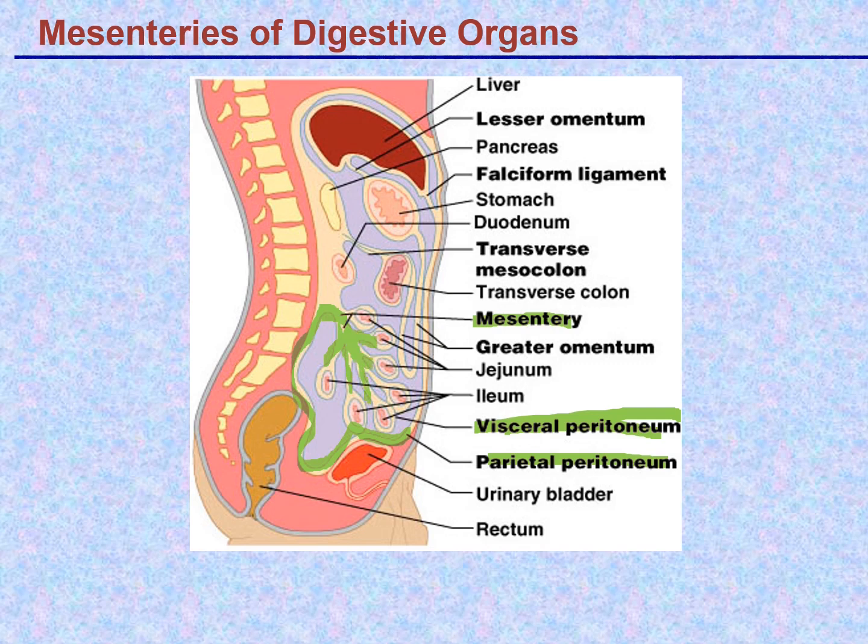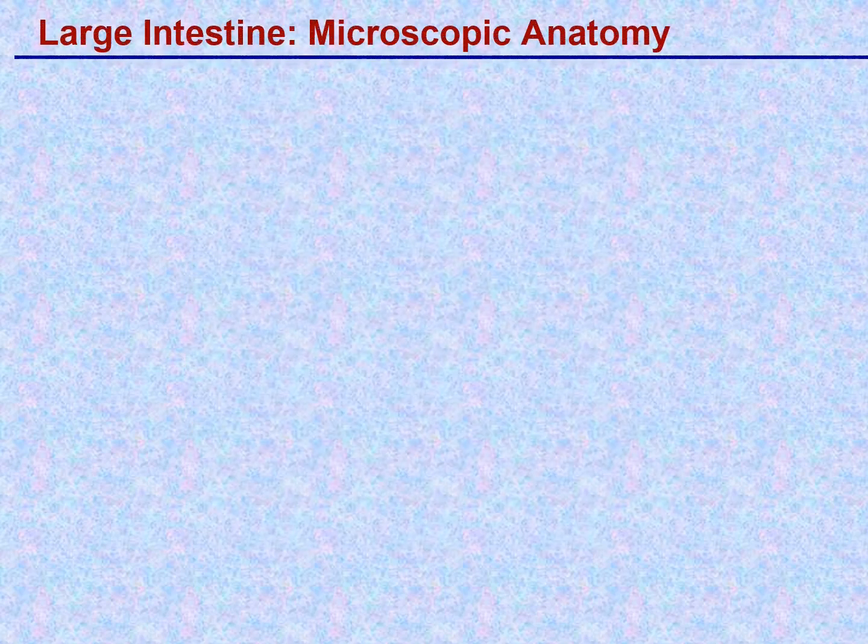There's more mesentery here. Well, it says it's omentum, but it's also mesentery. So the mesentery is essentially visceral peritoneum folded over.